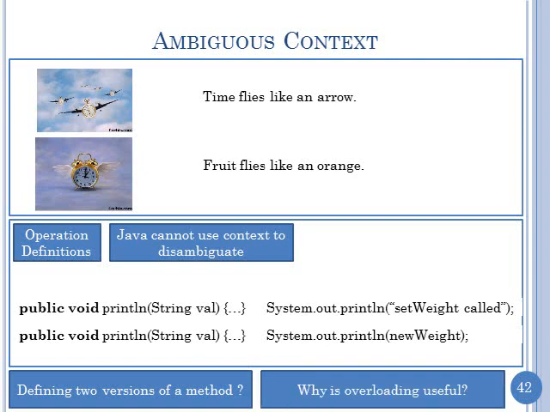So you're defining two versions, and why is overloading useful? You could have used different names, but why not just name it differently? It's convenient. You don't have to think of new names. It's a similar function, the same in double quotes. It's intuitively the same thing.